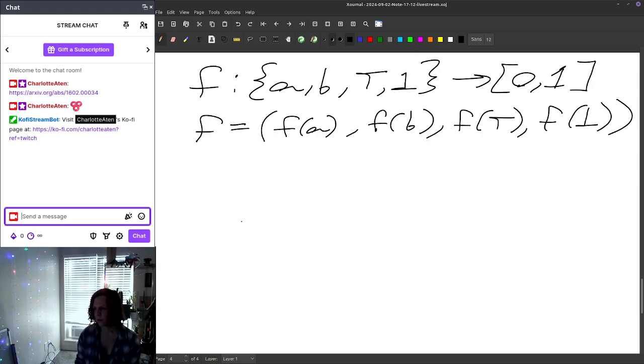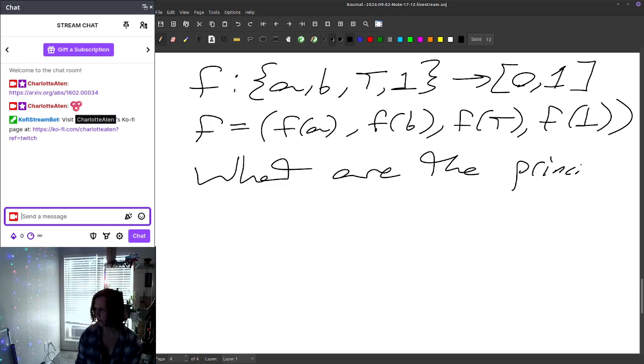But okay, in order to understand what this definition is saying, we should probably know what the principal downsets are. Oh, sorry.